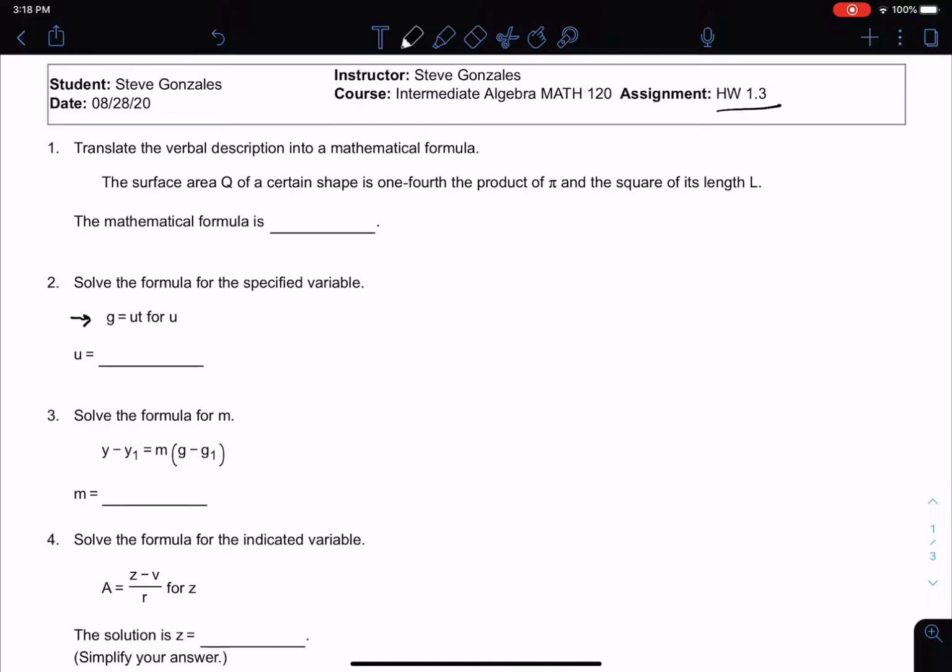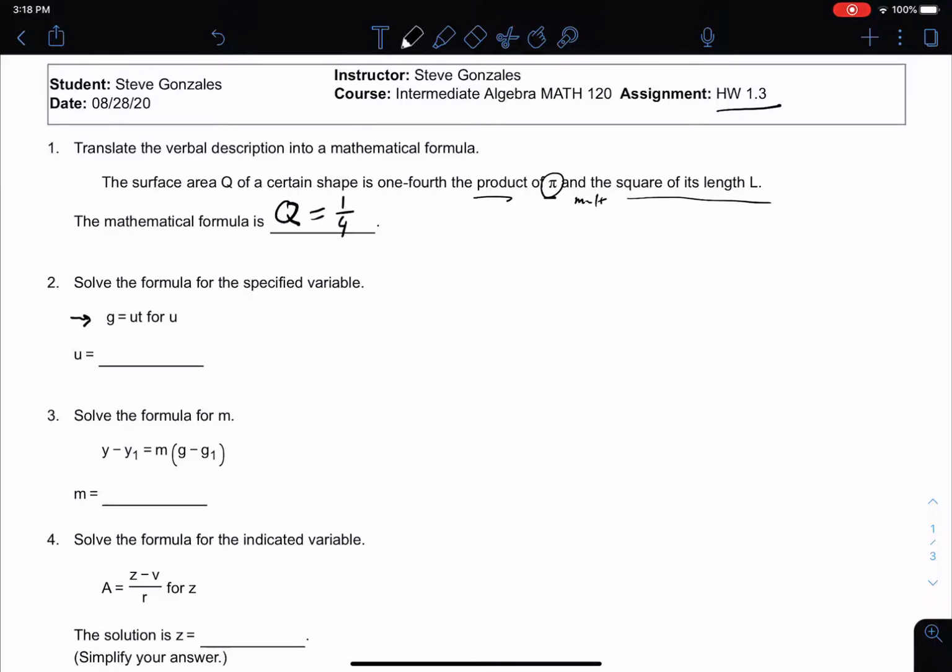It says the surface area Q of a certain shape equals 1/4 the product of pi, and the product means multiplication, so it's pi, and then since it's a product, it's times, multiplication, and then the square of its length.